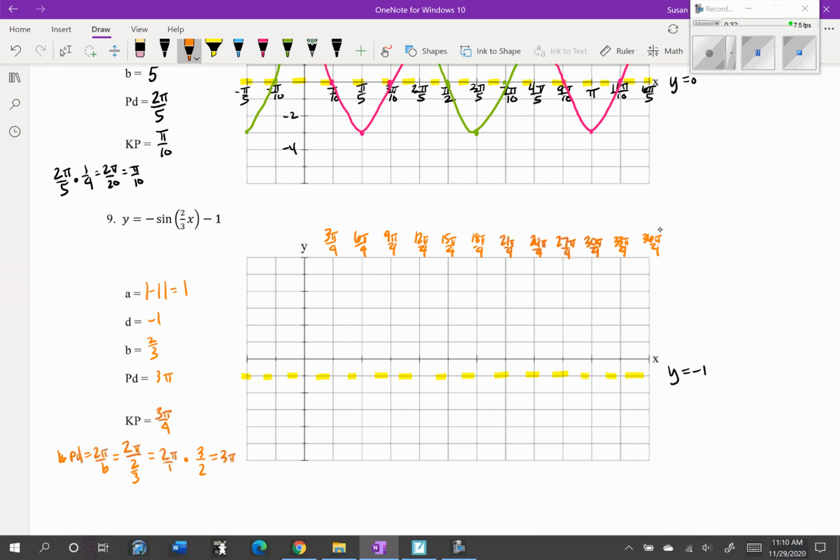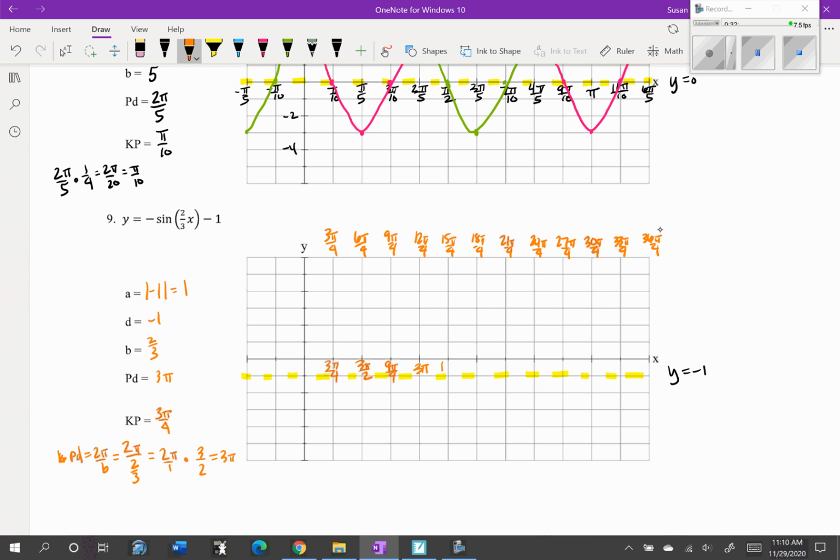And of course, we want to reduce those values. So we get 3 pi over 4, 3 pi over 2, 9 pi over 4 doesn't reduce. And then 12 pi over 4 is 3 pi, which makes sense because that's going to be our first wavelength.